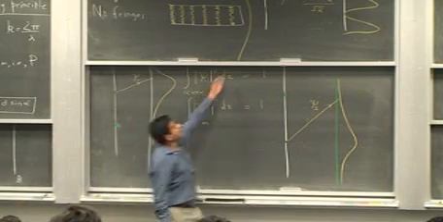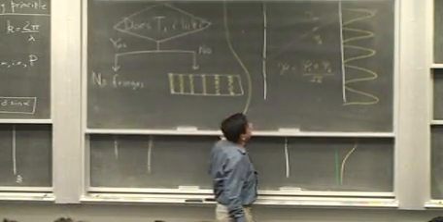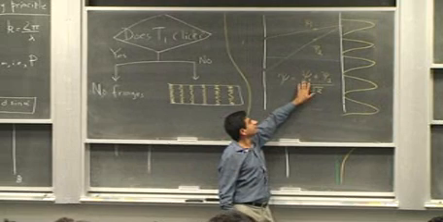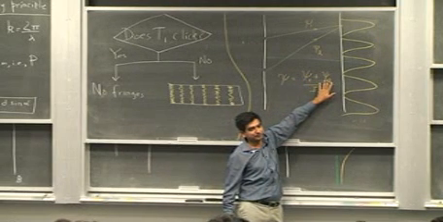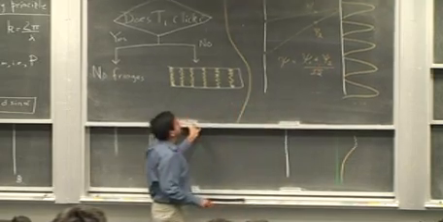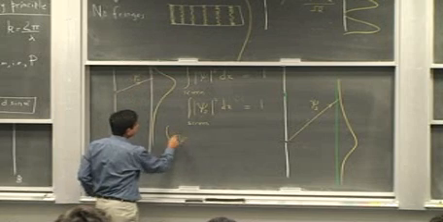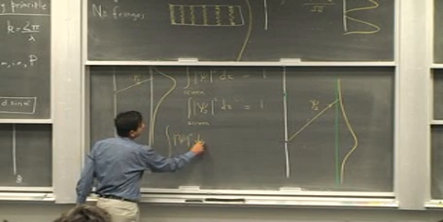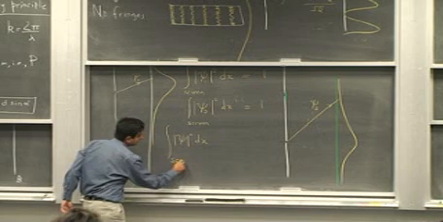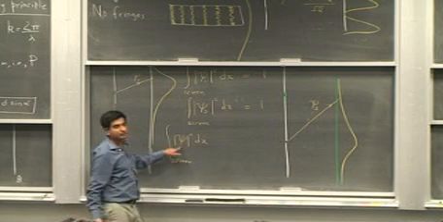Now in this case, I have a combination of psi1 and psi2. Okay? Now if I would like to integrate psi squared dx over the screen, what should I get?